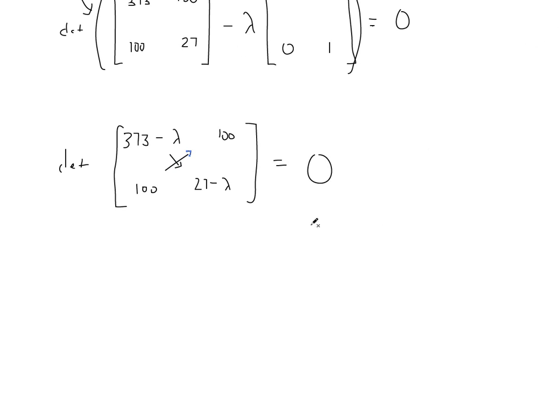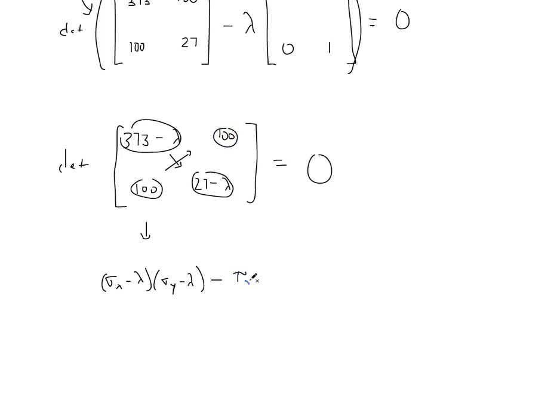All right. So in the full form, take this determinant, it would be sigma x minus lambda times sigma y minus lambda. Okay, so this is this times this minus this times this.